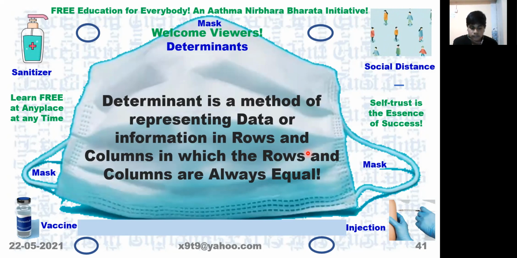Data means information that we have to keep in terms of rows and columns. But always rows and columns must be equal. That type of information is called a determinant.